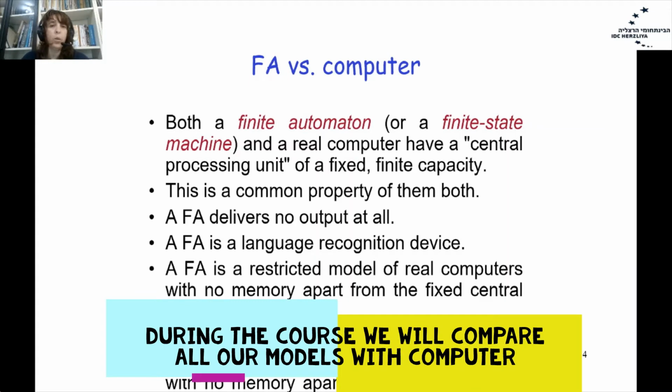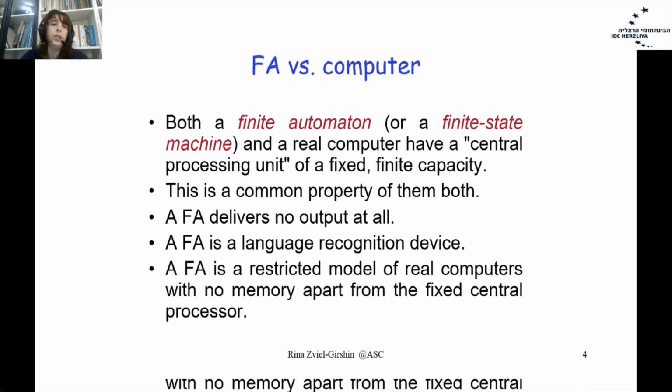During our course, we will compare our learning model with the modern computer. So let's talk about finite automaton or finite state machine and the real computer. Both have a CPU, central processing unit, of fixed finite capacity. In automaton, our CPU is actually our states. We can remember things with the states.